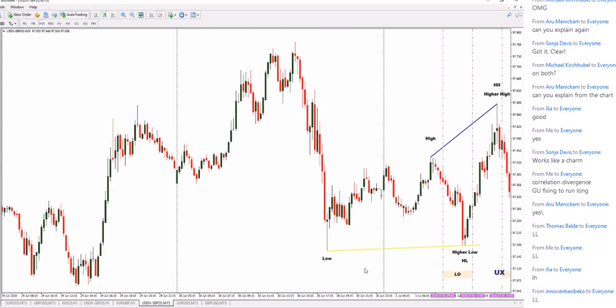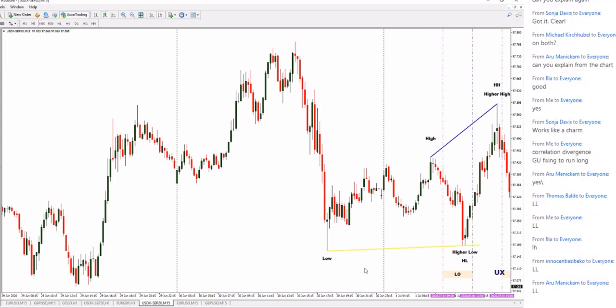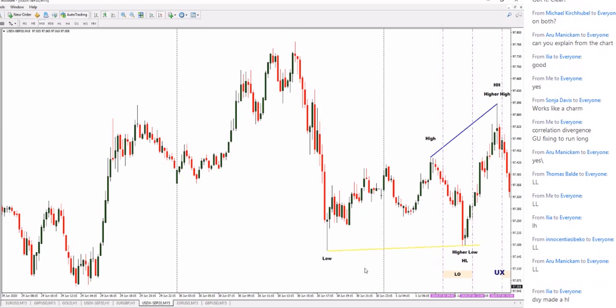Okay, I see lower low, lower low, lower high, lower low, lower low. All right, most of you are saying lower low. Elia, why do you say lower high? DXY made a high.